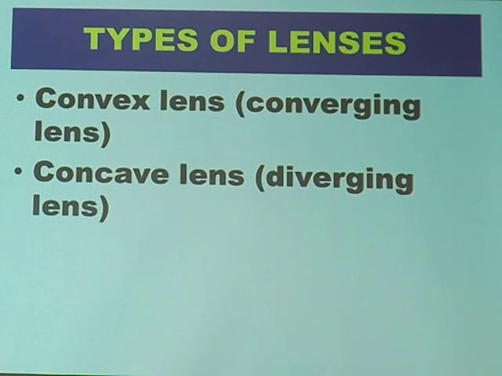So when they ask two types of lenses, say converging lens or convex lens, or you can say the next one is diverging lens or concave lens. For those who will in the future prefer using the word convex lens, remember there is also concave lens. I hope you do not confuse them.